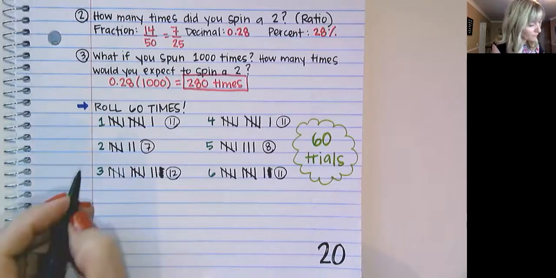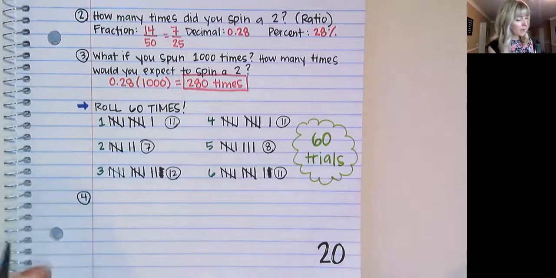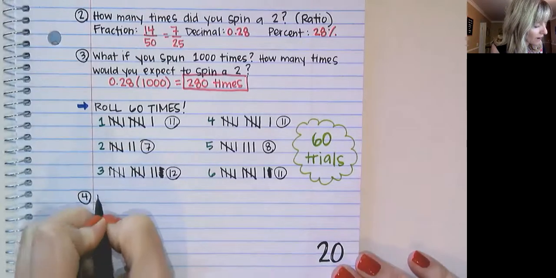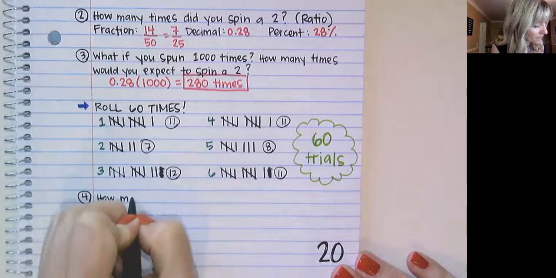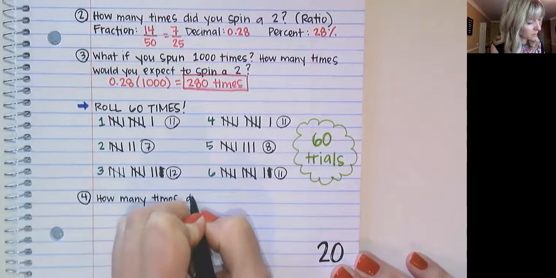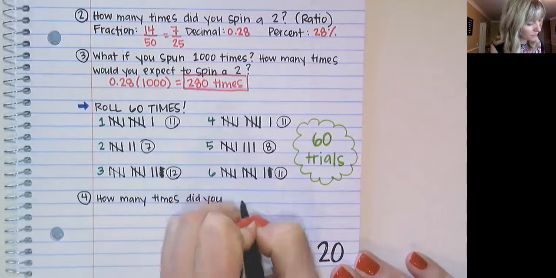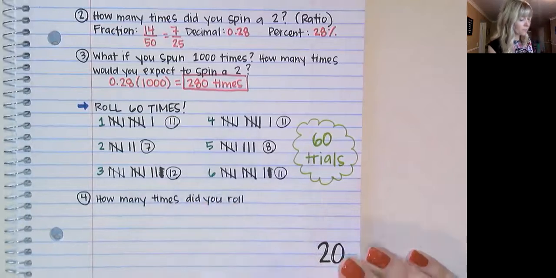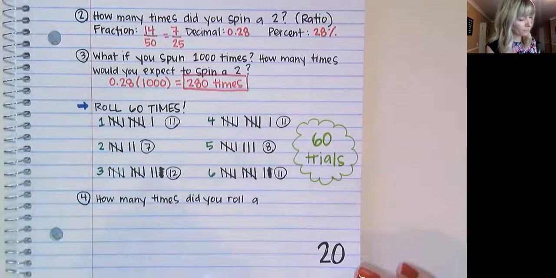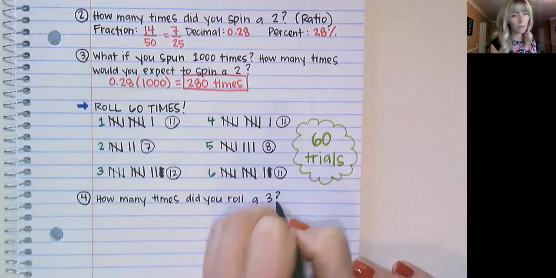So question number 4, I'm going to skip a line here. Just to practice this idea of fraction, decimal, and percent, I want to know how many times did you roll a 3? I don't know, which one should we do? You could really pick any of them, right?